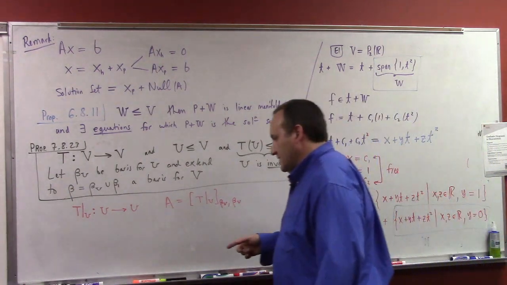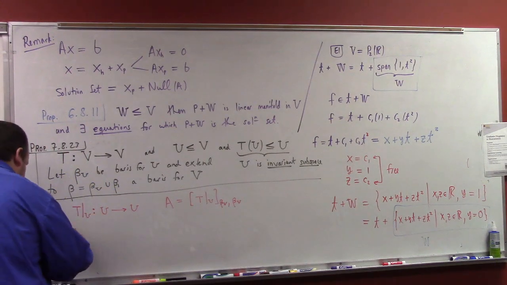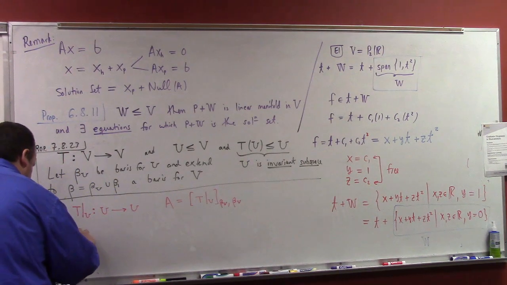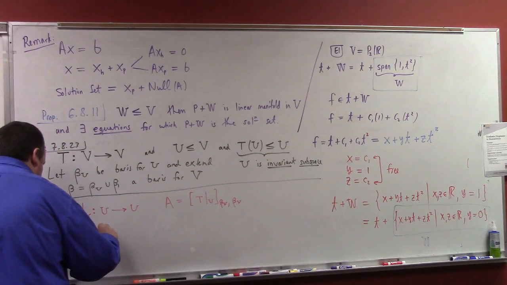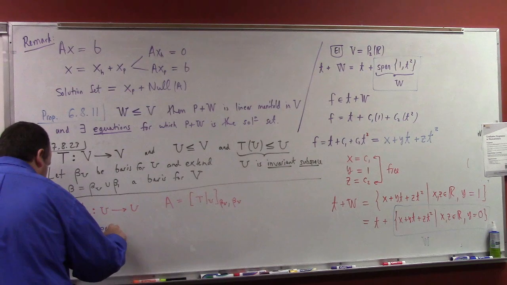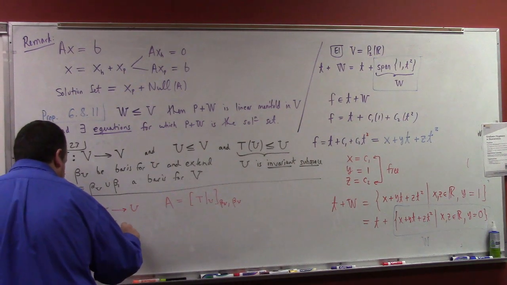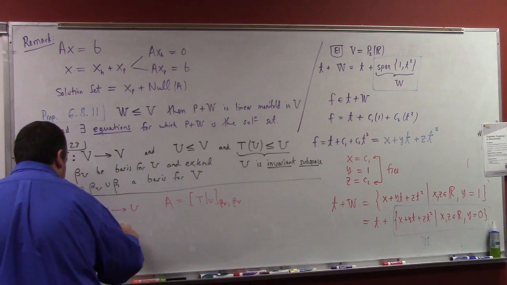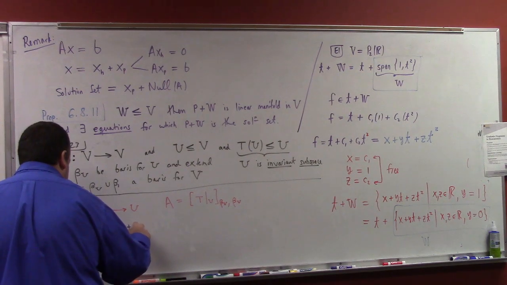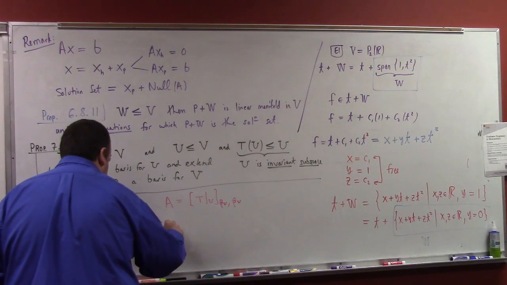Now, the other thing we talked about was that if we take the quotient of V by U, it's actually equal to the span of, let's say, v plus u such that v is an element of beta 1.